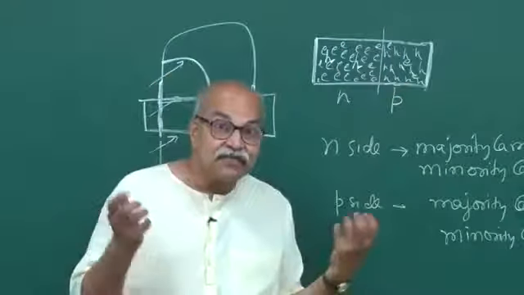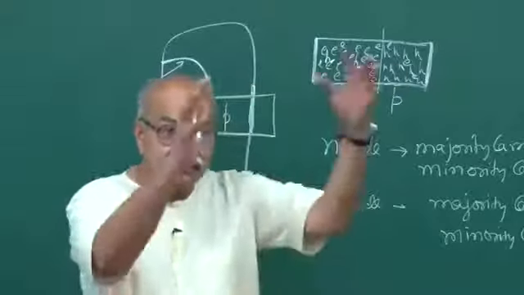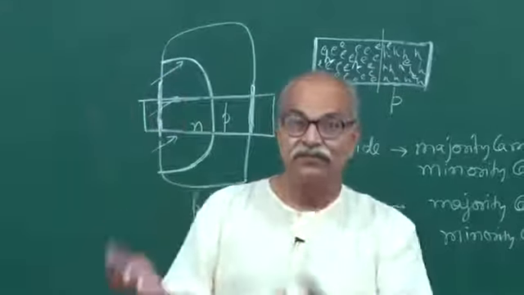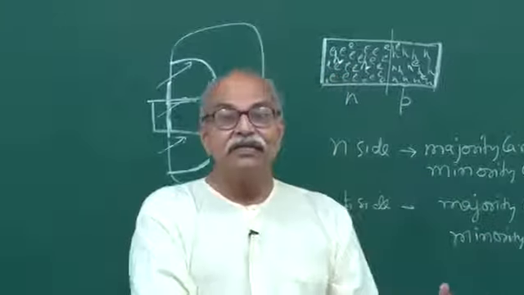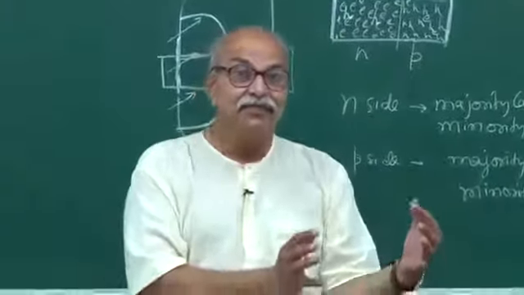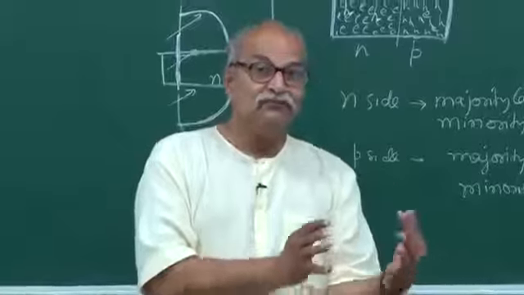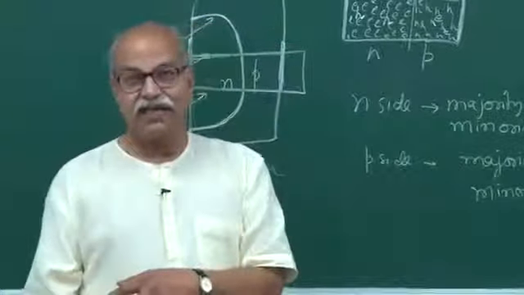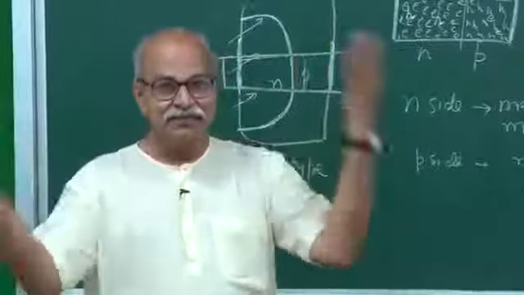So, if you have concentration gradient, you have large concentration of electrons here and very small concentration of electrons here, naturally there will be a systematic flow of electrons from the higher concentration side to the lower concentration side. It is a law of nature.